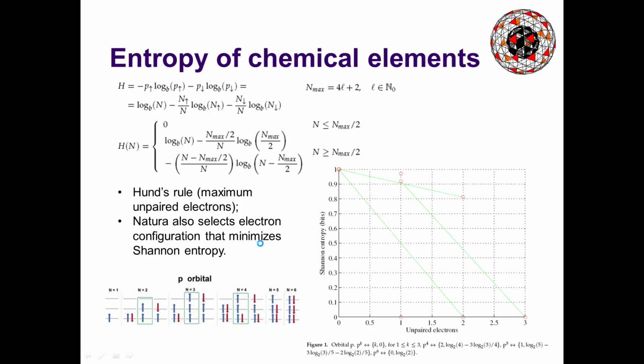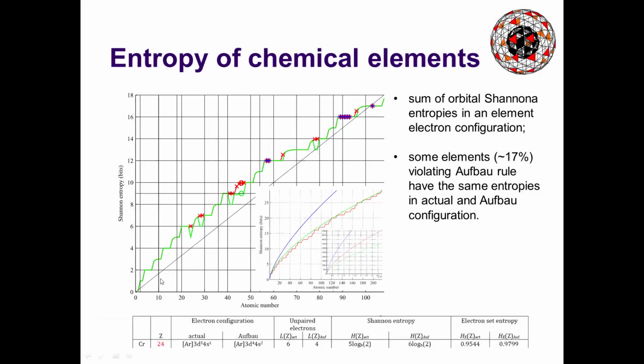So a natural extension was to use this rule to calculate the entropy of all chemical elements by summing the orbital entropies of the electron configurations. And it turned out no element violates Hund's rule, but there are about 20 elements violating the Aufbau rule.